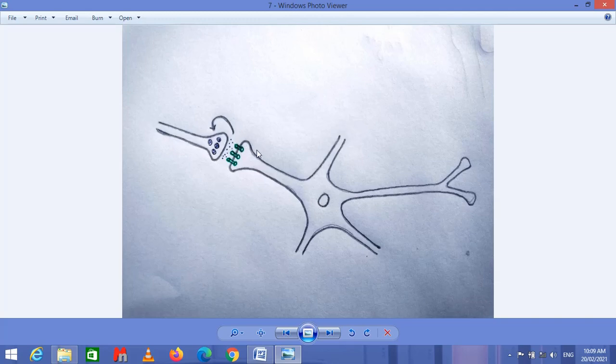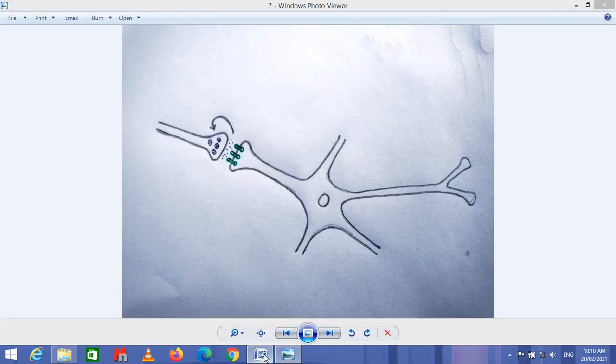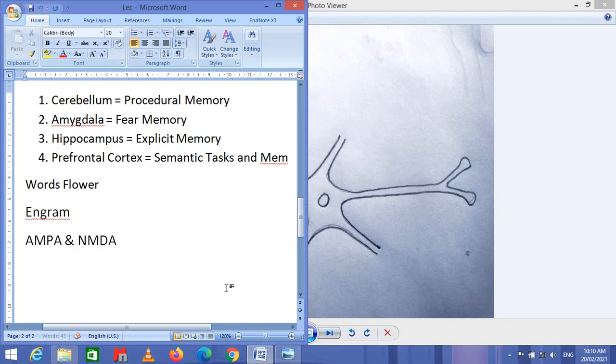But inside the memory storing area inside the brain, the action potential and the impulse and the secretion of neurotransmitter is continued for a long interval, for many hours, from minutes up to hours, and this phenomenon is called long-term potentiation.